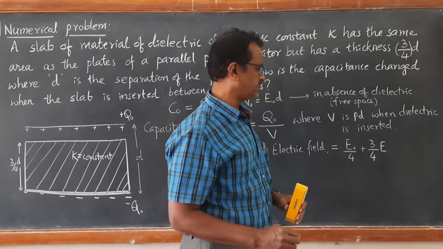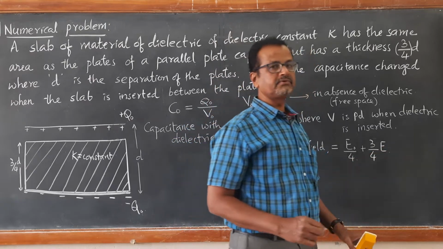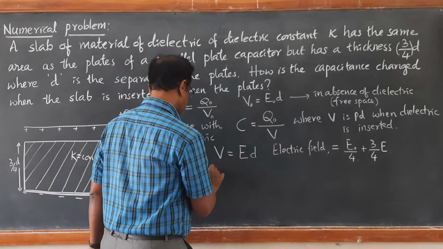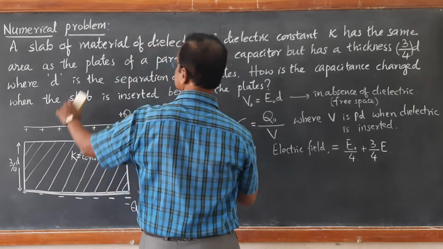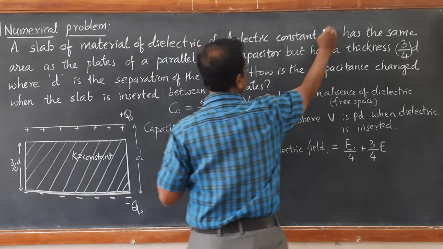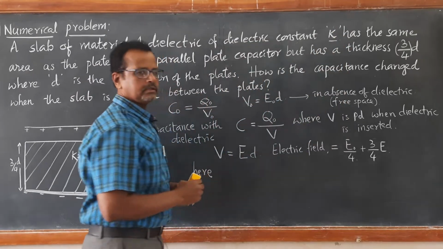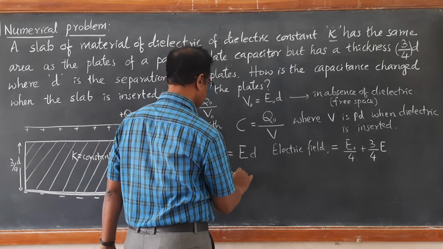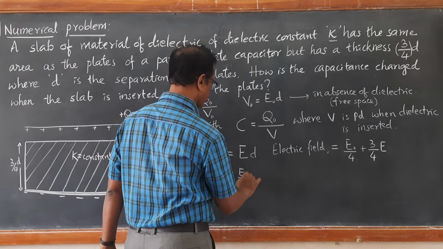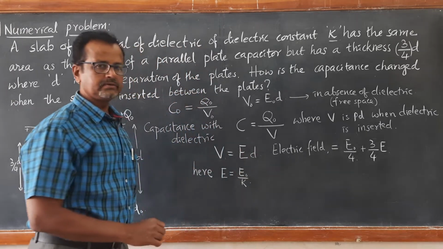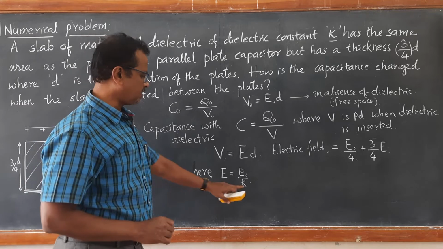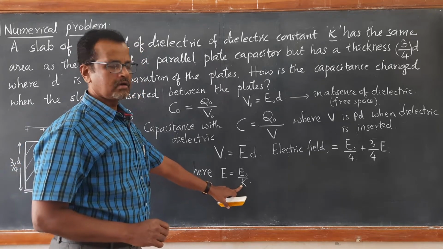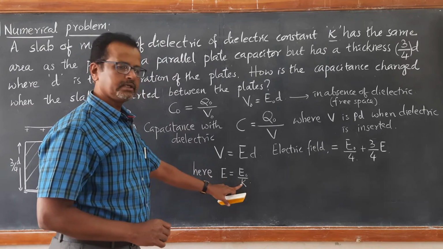So how to substitute for E? We know that K is the dielectric constant of the dielectric material. So I can write the value of E: E is equal to E naught by K. This means after insertion of a dielectric, you get the dielectric constant in the denominator.